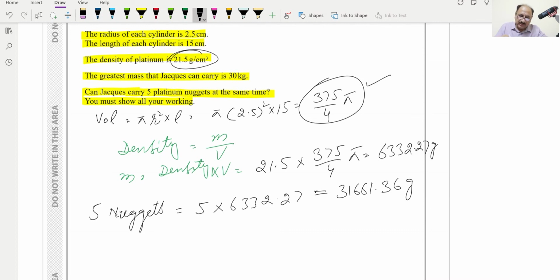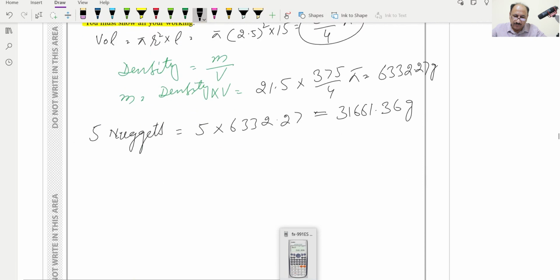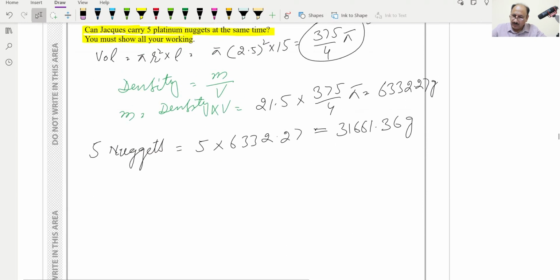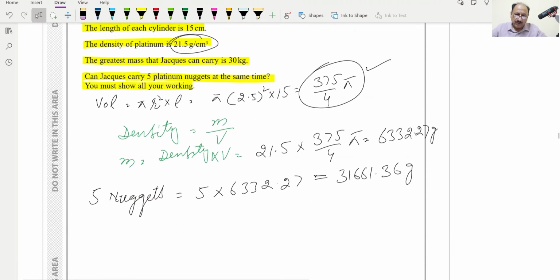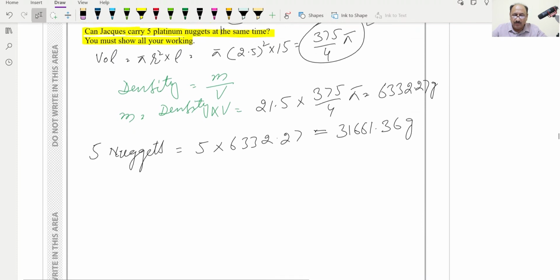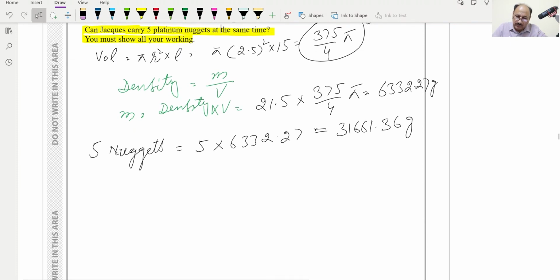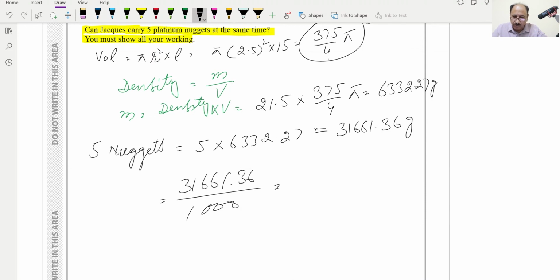But the answer they require is in kilograms. Basically we have to check whether this is more than 30 kilograms or less than that. So 31661.36 divided by 1000 is equal to 31.66 kilograms. So this is more than that.